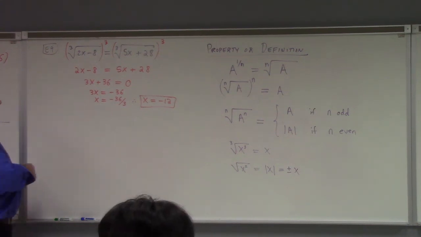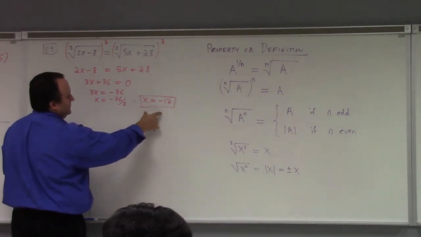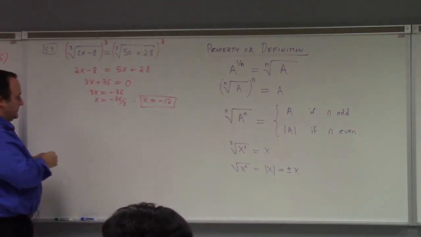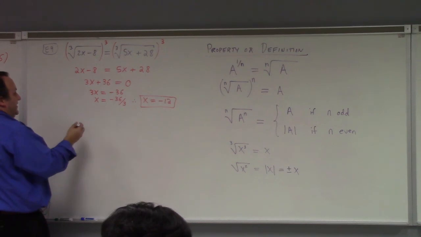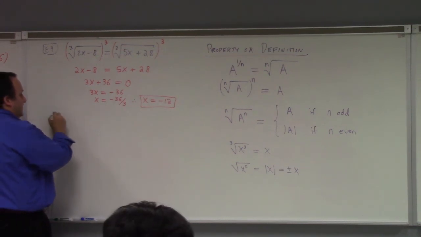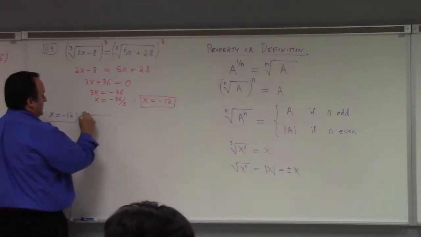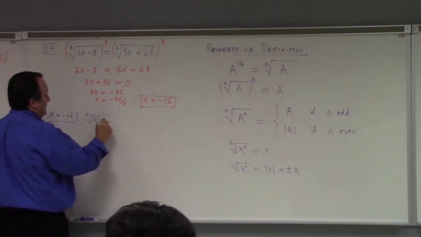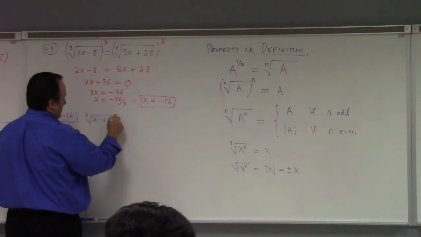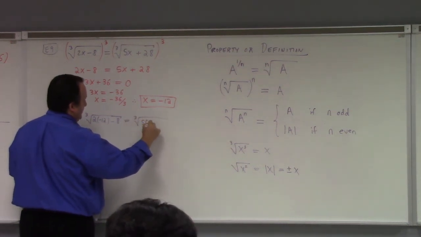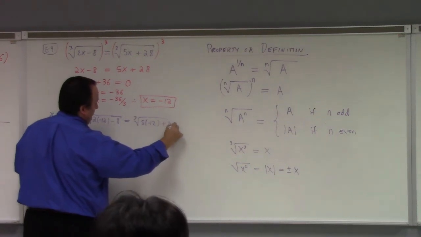And if you plug the solution back into the original problem, it works, in the sense that you can check it out. If we plug in x equals minus 12 into our original problem, we get the cube root of 2 times minus 12 minus 8 equals the cube root of 5 times minus 12 plus 28.